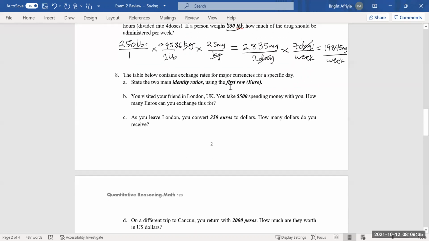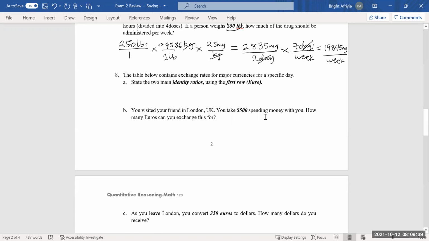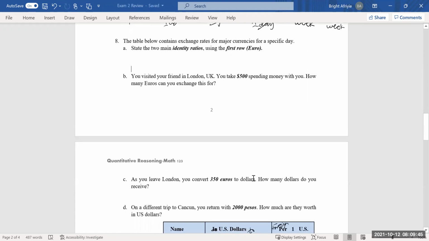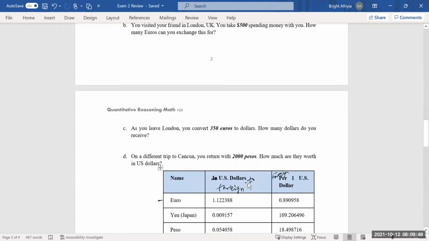And here it's very simple. So let me create some space here. Now you look at the table closely, and this is US to foreign. So what this means is that we have US on top and then foreign at the bottom.